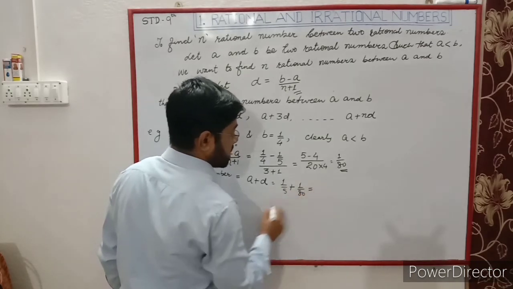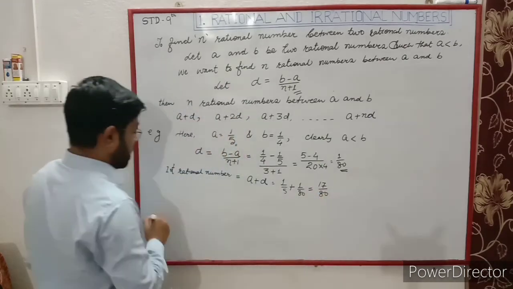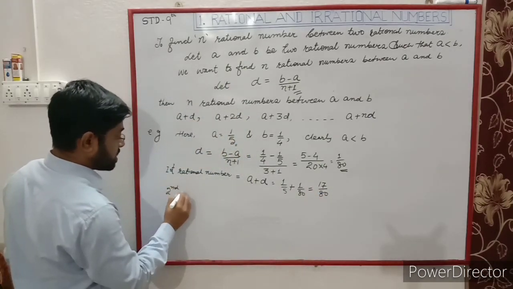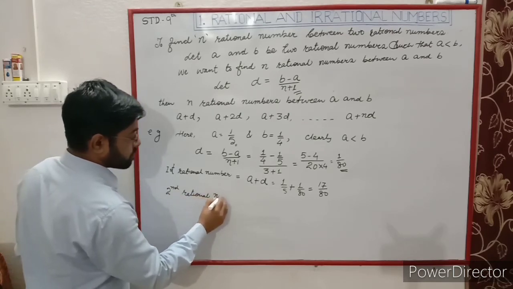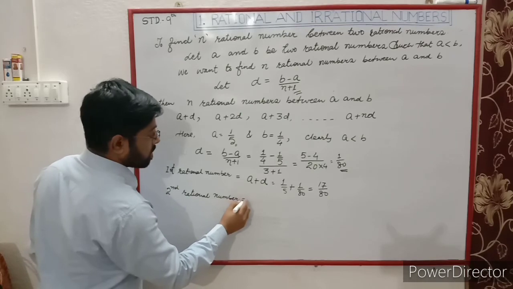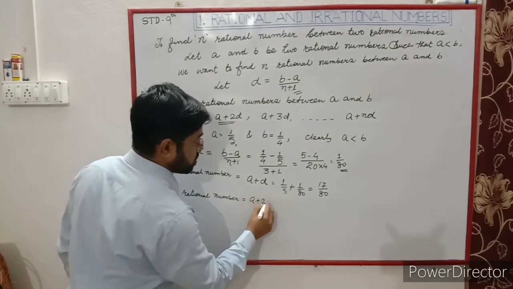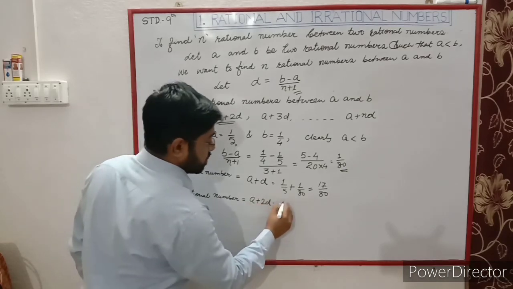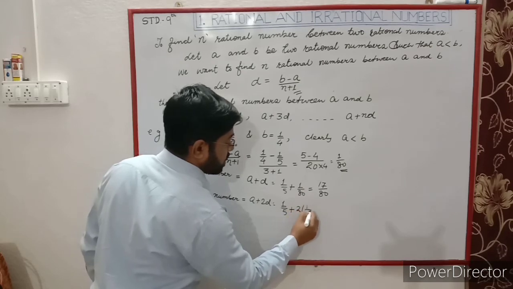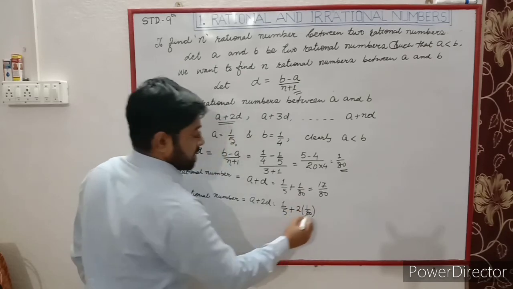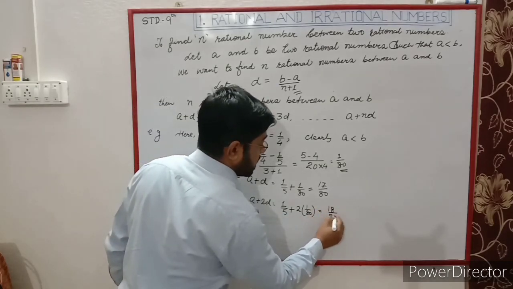Now after simplification we have 17 by 80. Now the second rational number is a plus 2d. So the value of a is 1 by 5 plus 2 multiplied by 1 by 80, the value of d. Now after simplification we have 18 by 80.